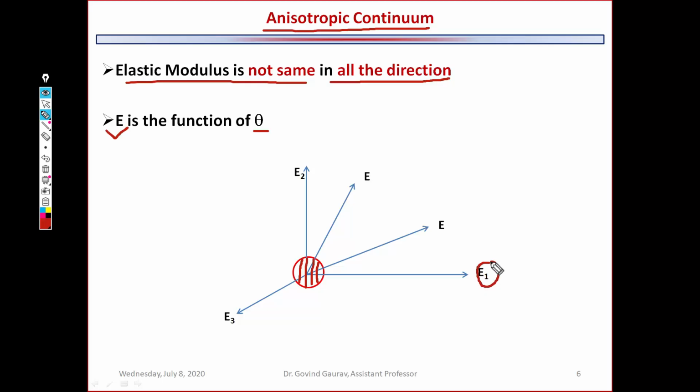Over here the value is E1, in the y direction the value is E2, in the z direction it will be E3. The elastic modulus is not the same in such materials, in case of the anisotropic continuum materials.